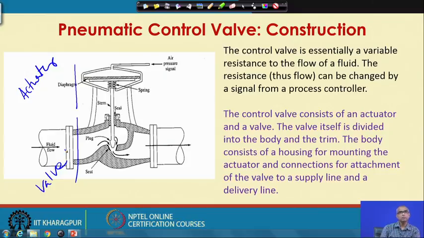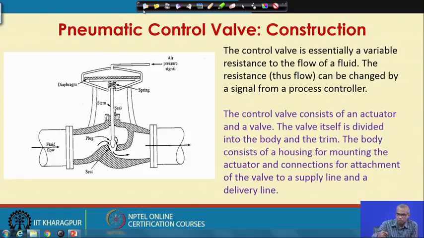If you look at the diagram, you can see a diaphragm from here, which receives an air pressure signal from the controller. So, the air pressure signal comes from the controller and this is fed to the diaphragm.